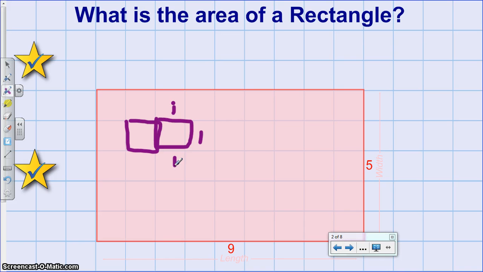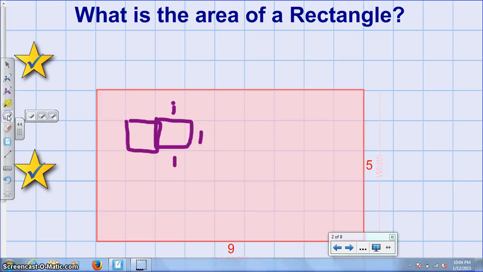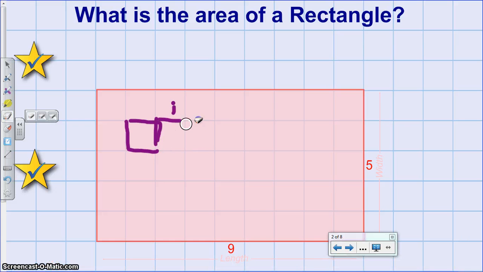It's the squares that, if we were to lay them down on the floor like a tile, like the squares that cover the floor in our classroom, we're basically looking at the whole surface of an object and pretending like we're covering it with all these tiny little squares to see how many squares cover that surface. That will give us the square measurement.